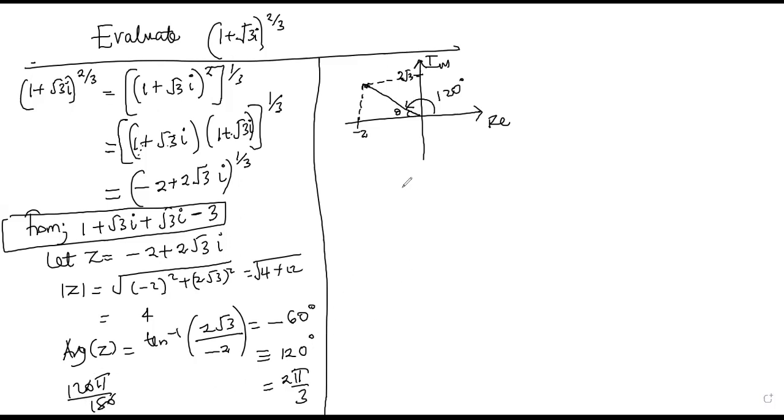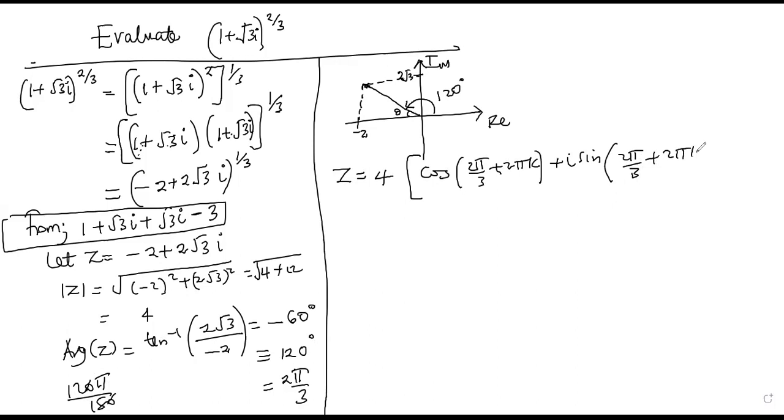So after having gotten this, our z, if I'm to write it in polar form, is going to be 4, then cos theta, which is 2 pi over 3 plus 2 pi k, then plus i sine 2 pi over 3 plus 2 pi k.